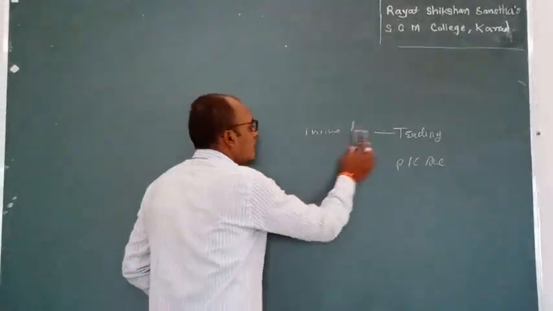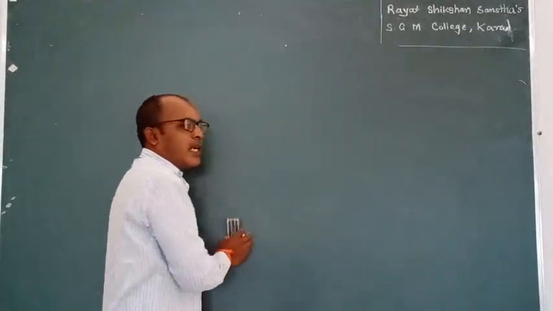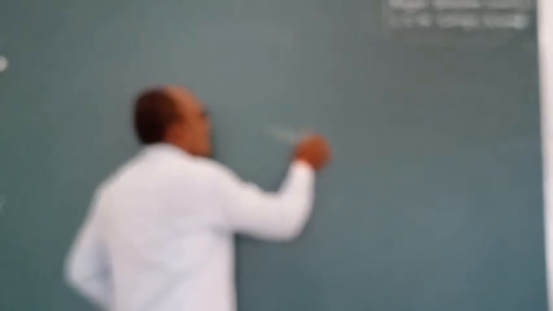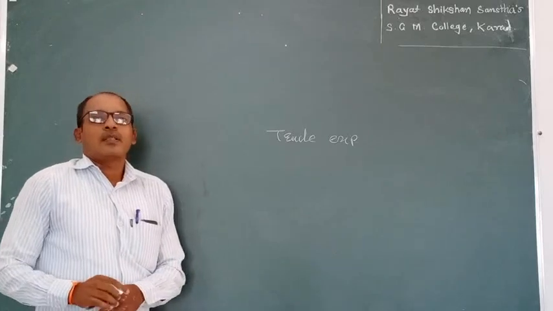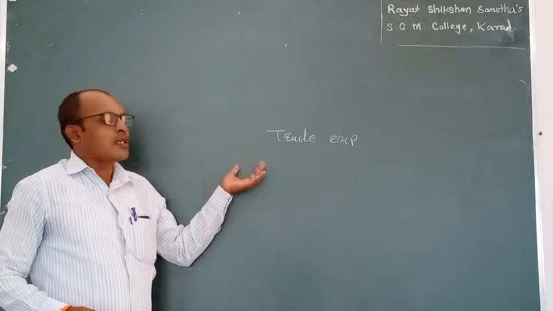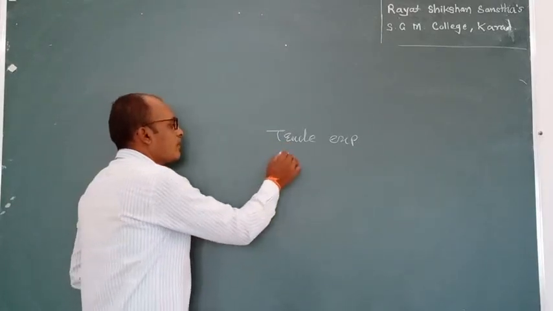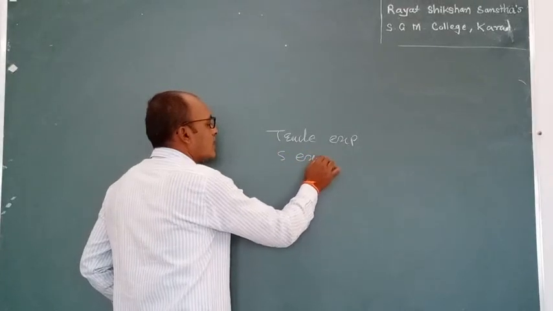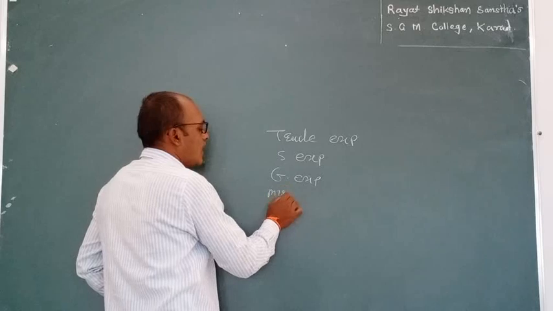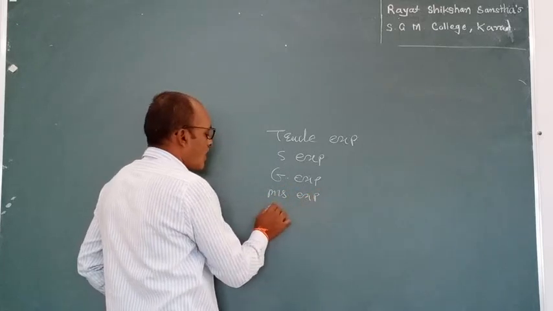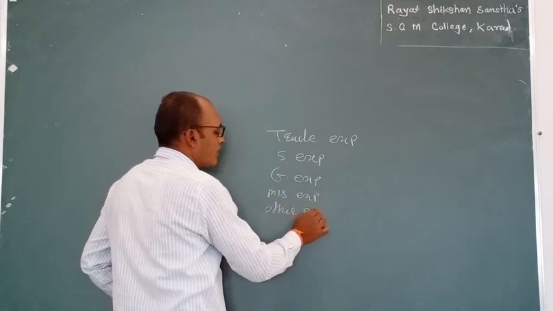Then trade expenses. In our trial balance, some expenditures are given, for example, trade expenses, sundry expenses, general expenses, miscellaneous expenses, other expenses.